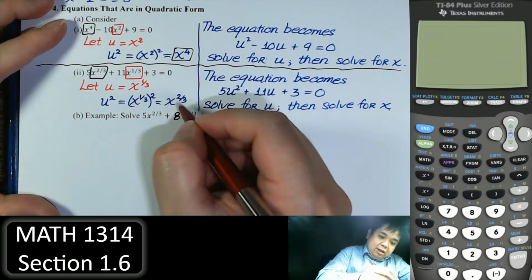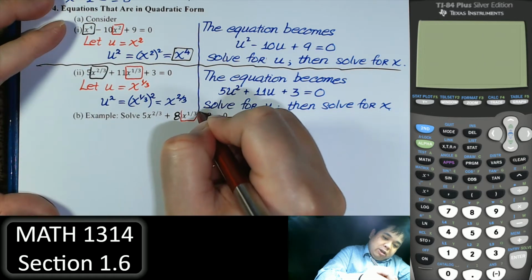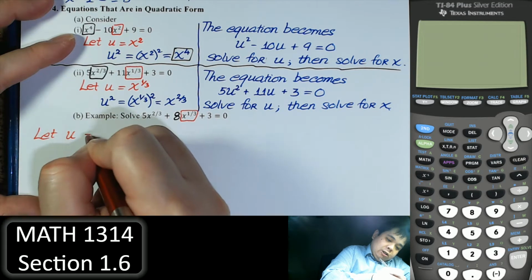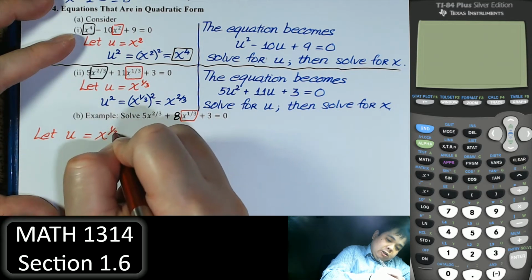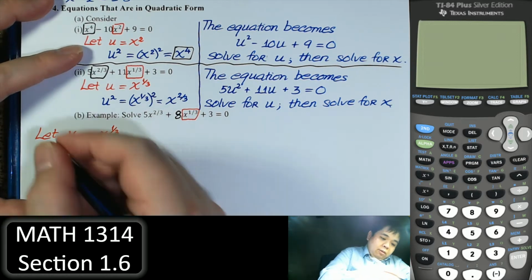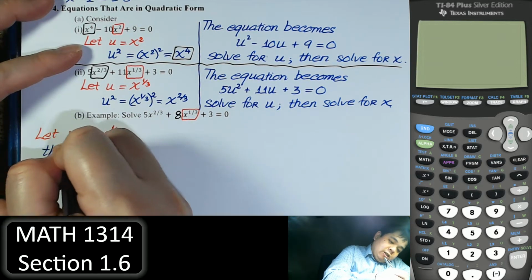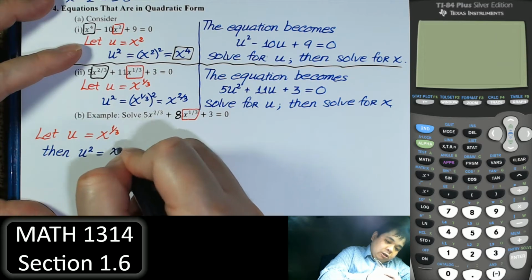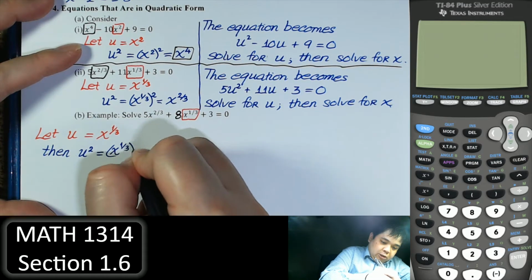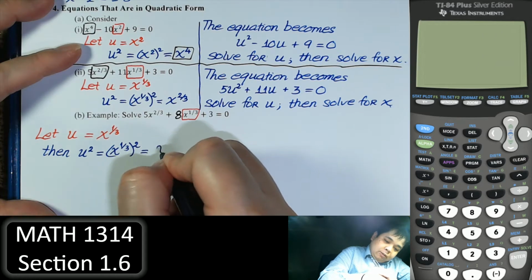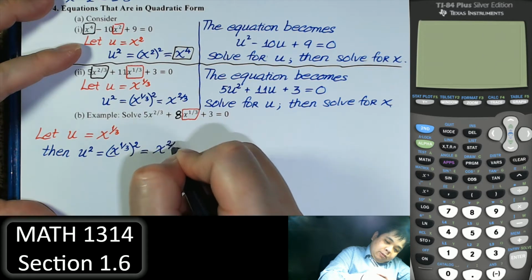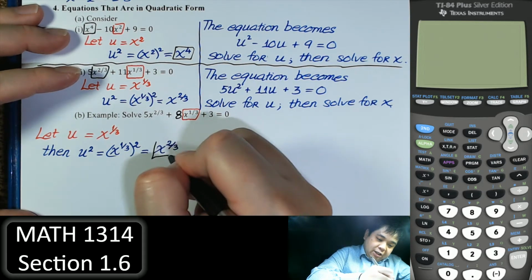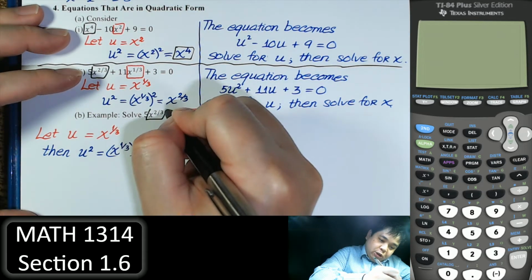So we start with u equal x to the 1/3, and then square both sides. That is the same as x to the 2/3 here.